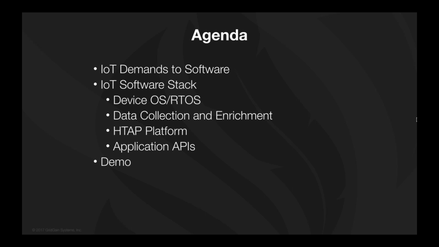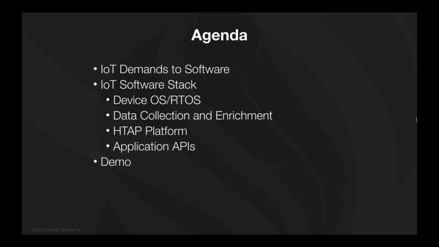Next, as for the IoT software stack, I decided to split it into main building blocks. First, we will start from the lowest level, which is the operating system that is usually deployed on your smart devices, on your smartwatches, on your sensors, or on your robots.